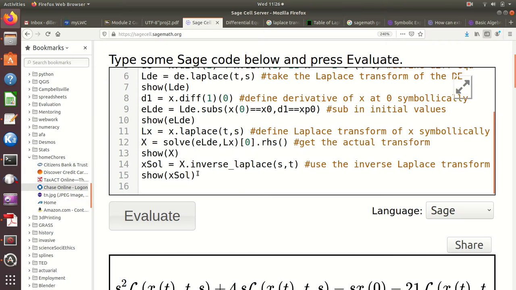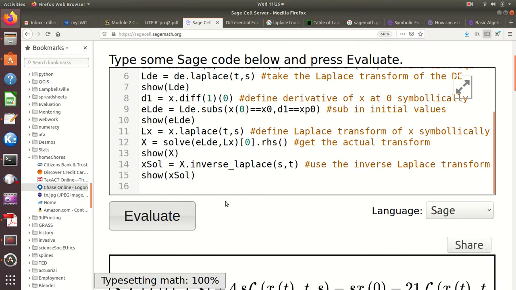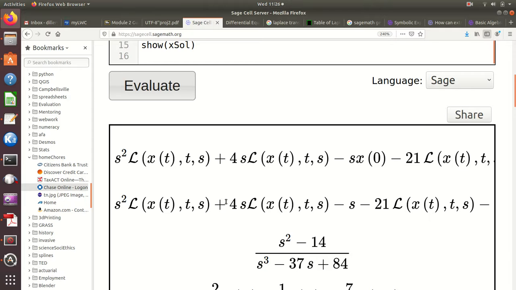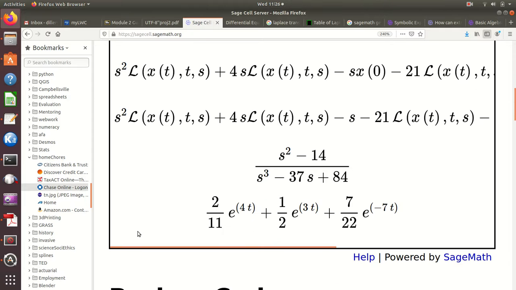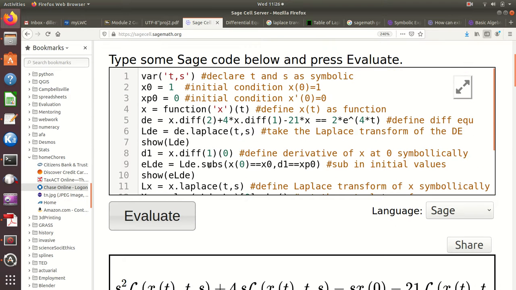So I do that, show that solution, evaluate, and there it is. I have my 2 over 11, I remember that, e to the 4t, 1/2 e to the 3t, and my 7 over 22 e to the negative 7t. So I end up getting that same solution, but using Sage to do all my calculation tasks.